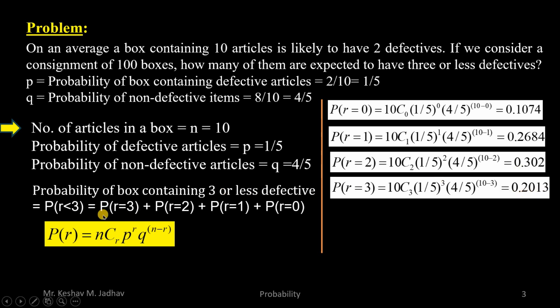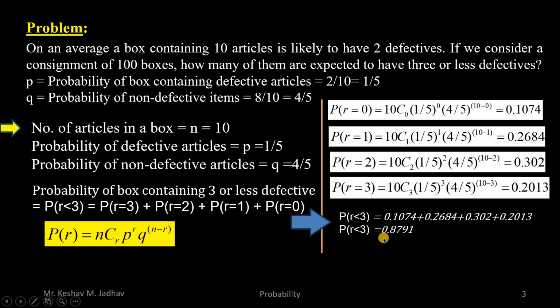Then to calculate the probability of r less than or equal to 3, that is the probability of defective articles being 3 or less, we add these 4 probabilities. If we add these 4, we get 0.8791. This is for one box.